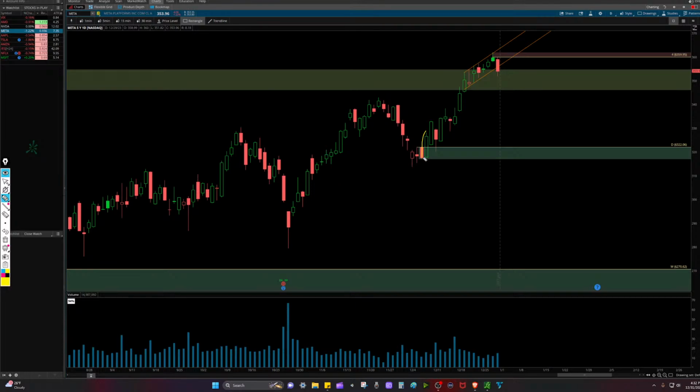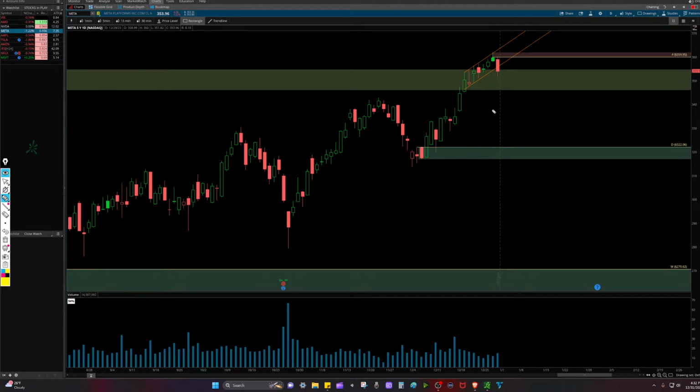People got trapped, they got squeezed, and it fueled the move up higher. So that created this area where people might still be holding, or more buyers are waiting for their orders to get filled around here.